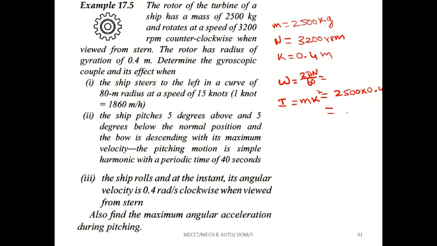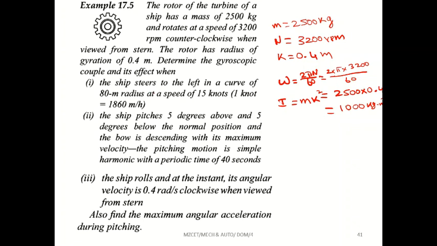I think the answer will be 1000 kg meter square. The answer for omega will be 2 into pi into 3200 divided by 60. You just calculate it, and if you calculate, you will get the answer.